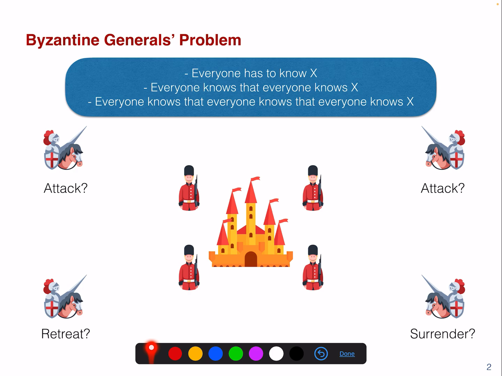That's the Byzantine generals problem, which is quite tricky, right? You kind of want to find a consensus of what we should do, because if they are not acting in a united action, and maybe 2 of them are attacking, 2 of them are surrendering, that doesn't look too good on the battlefield.